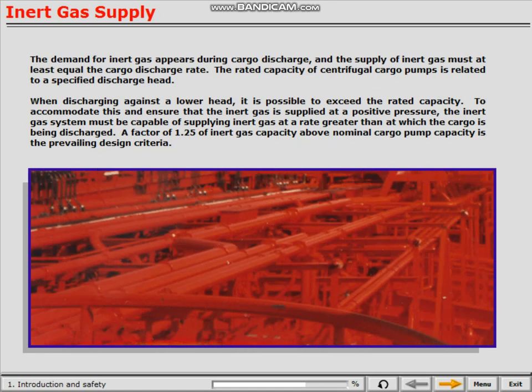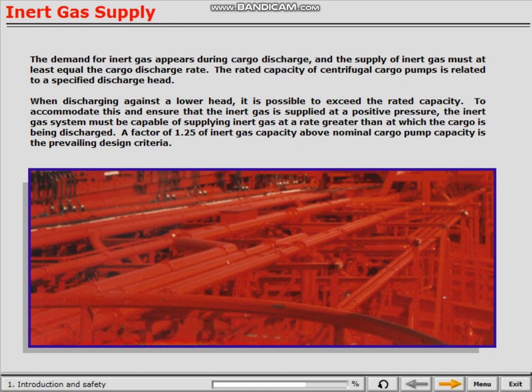The demand for inert gas appears during cargo discharge, and the supply of inert gas must at least equal the cargo discharge rate. The rated capacity of centrifugal cargo pumps is related to a specified discharge head. When discharging against the lower head, it is possible to exceed the rated capacity.